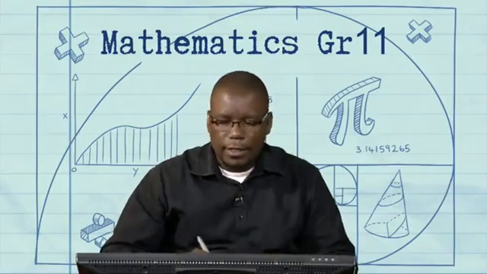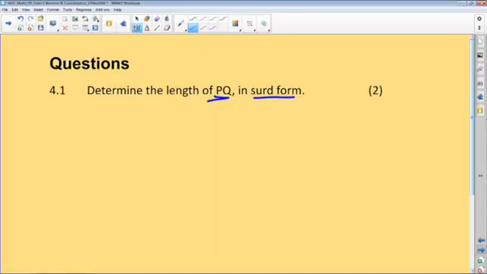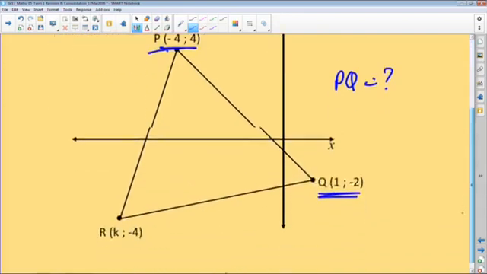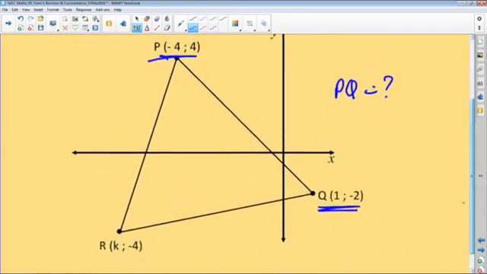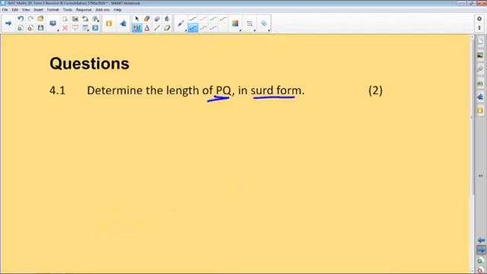All right, grade 11s, let's just check if we're doing the correct thing. We need to work out the length of PQ. Let's take the coordinates. P is (-4, 4) and Q is (1, -2).